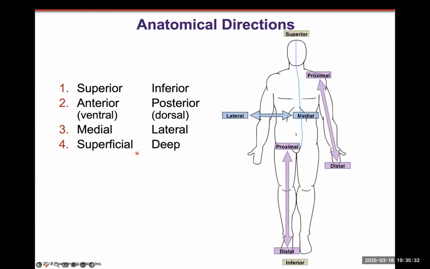When you're touching your skin, that's superficial, but when you cut into the skin with a knife, it will go from superficial to deep. So when you go from the superficial layer of the skin towards the deep, that's when you get to the muscle tissue. There'll be blood vessels, there'll be muscle, all sorts of other things in the deep direction compared to the superficial direction.